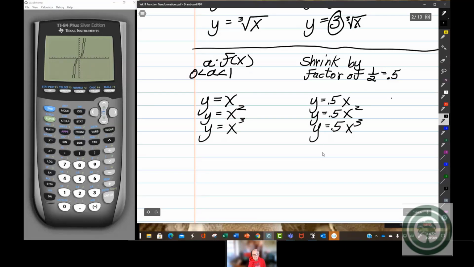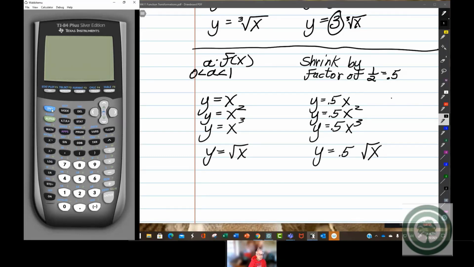We're shrinking this by a factor of 1/2. y equals the square root of x, y equals 0.5 times the square root of x.